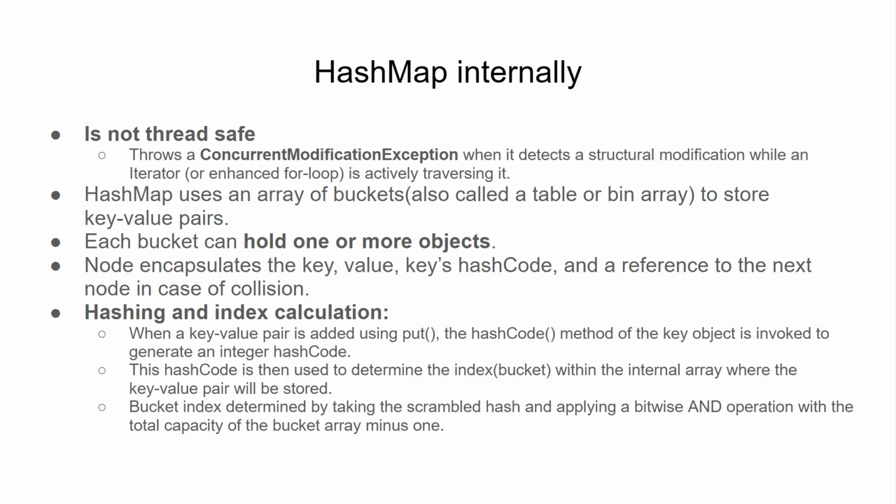This hash code is then used to determine the bucket within the internal array of buckets where the key value will be stored. Okay, and the bucket is determined by calculating the scrambled hash and applying a bitwise AND operation with the total capacity of the bucket array minus 1, right?